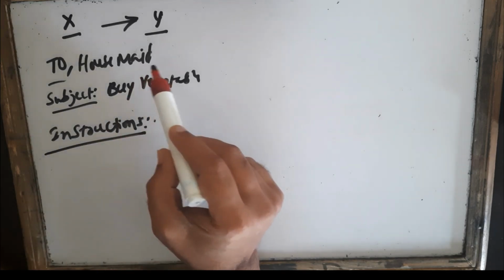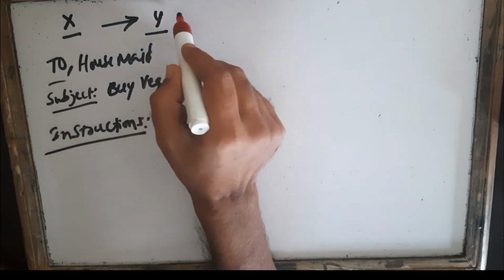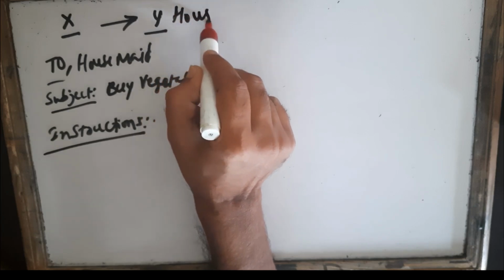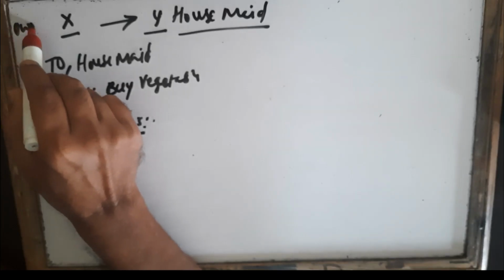So we write all these minimum things to housemate Y, this user or owner.